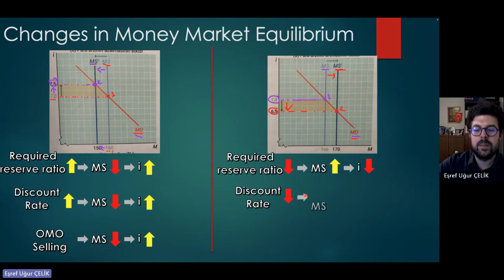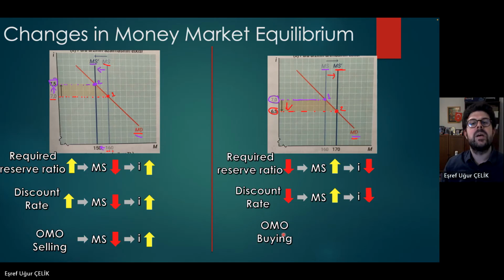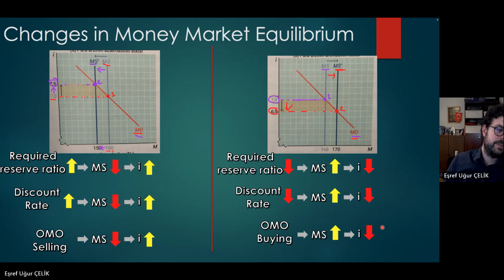That's why the money supply becomes higher and the interest rate becomes lower. Or open market buying. When open market buying is carried out, the central bank gets securities from us and gives money to us. That's why the money supply becomes higher and the interest rate becomes lower.